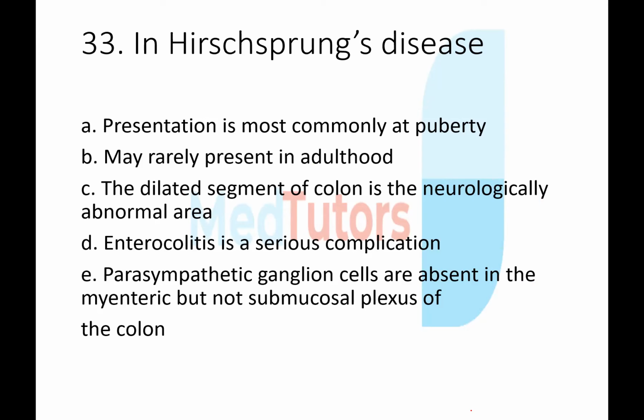Dilated segments of colon is the neurologically abnormal area. That is false. So you should know in Hirschsprung's disease, the dilated segment is the side that has ganglion.